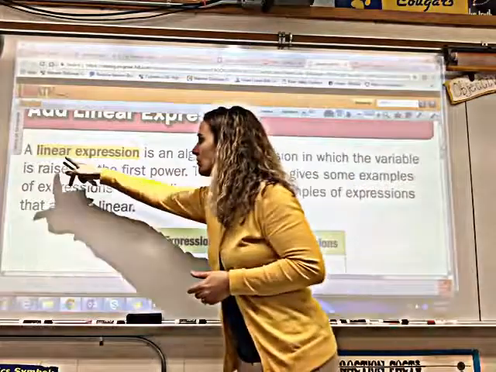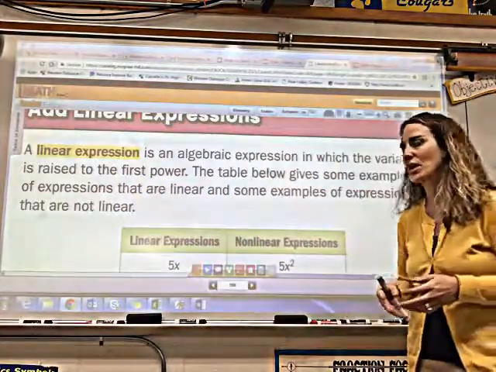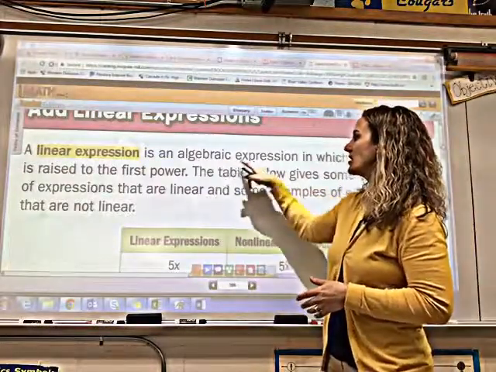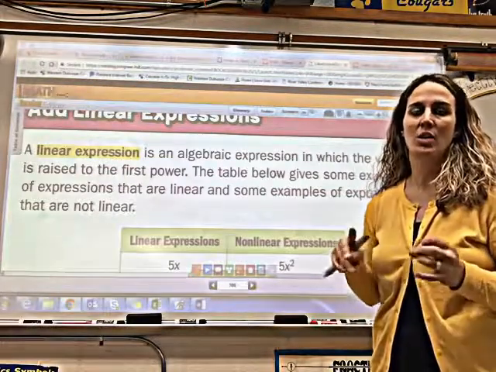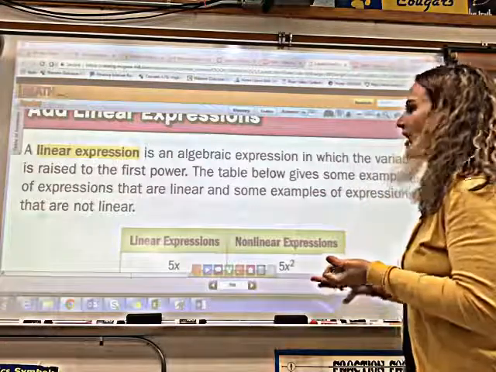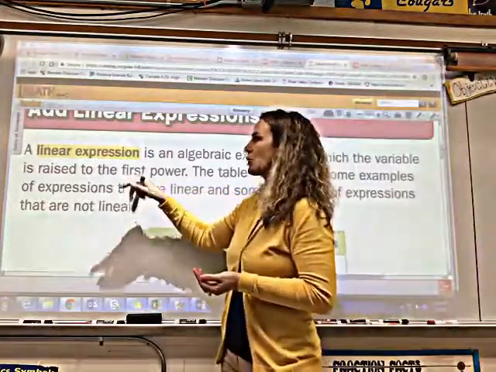Okay, so first and foremost, when we're talking about linear expressions, it is important to understand what an actual linear expression is. First thing that you want to understand is it's an algebraic expression, and we've been talking about algebraic expressions. So again, we're going to be working with numbers, variables, operations, a combination of all of them, and the variable is raised to the first power.